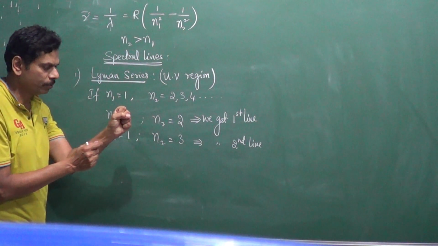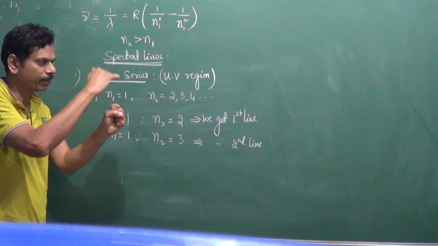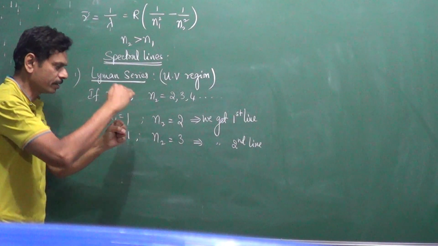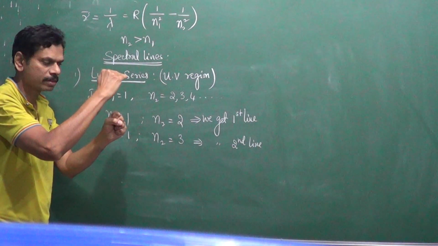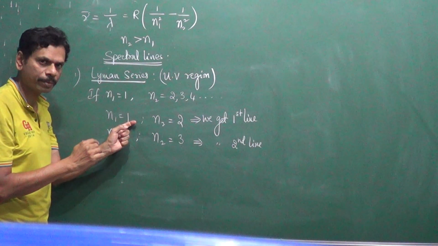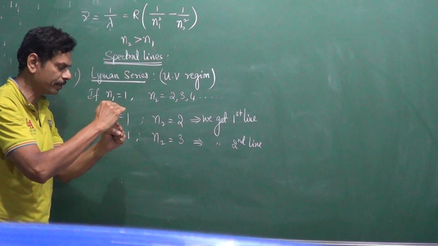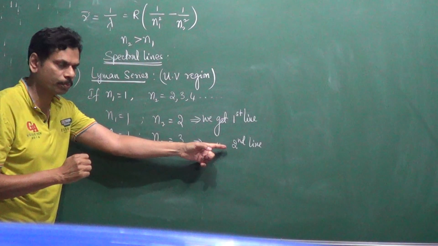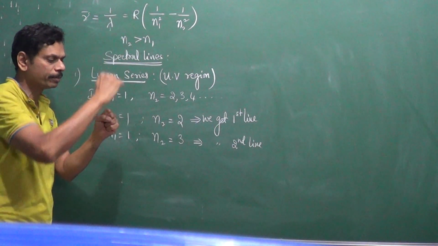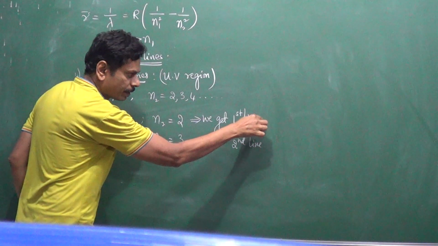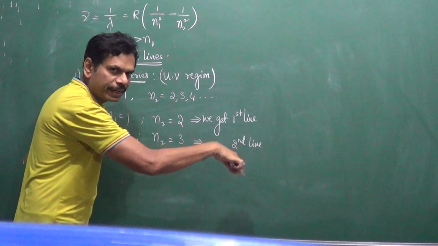If the nucleus is present here and the electron is jumping from the second orbit to the first orbit, energy liberation is less. If it is jumping from the third orbit to the first orbit, energy liberation is more. If it is jumping from the fourth orbit to the first orbit, energy liberation is still more. So as you go like this, energy liberation goes on increasing.